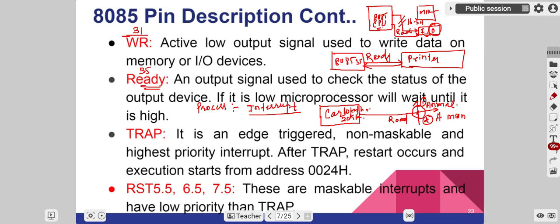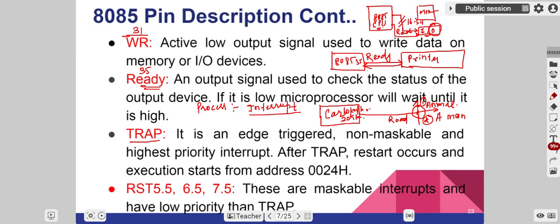Here, because we are discussing the hardware structure of the 8085 microprocessor, we are discussing only the hardware pins, the hardware interrupts of this microprocessor. This TRAP is actually a hardware pin, which is the tangible part, which we can touch.